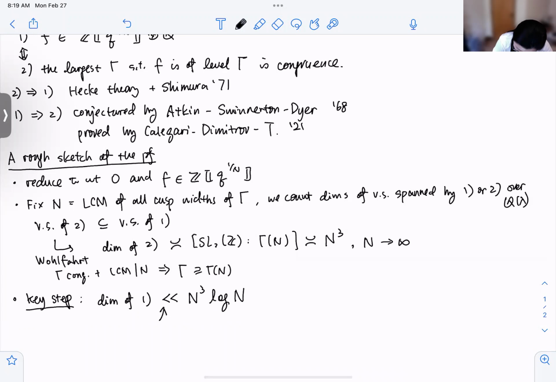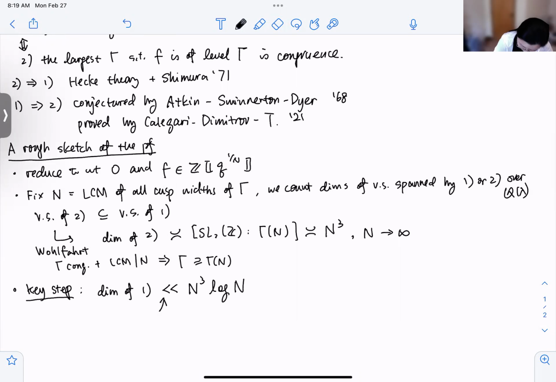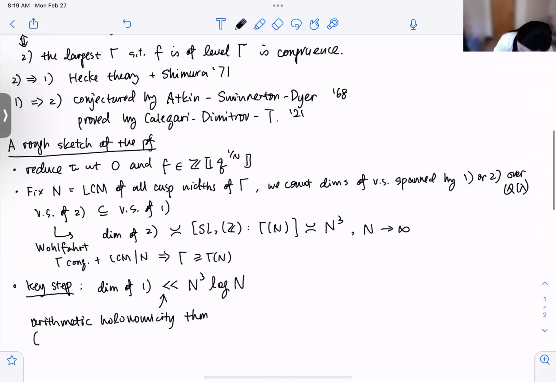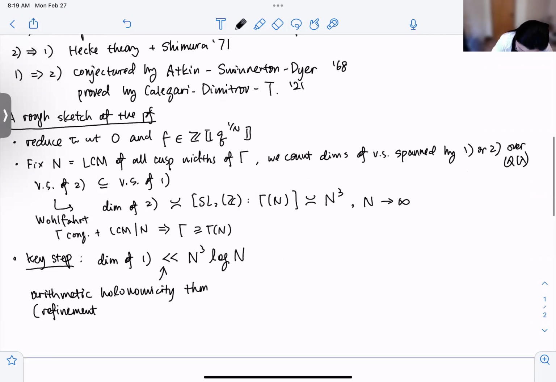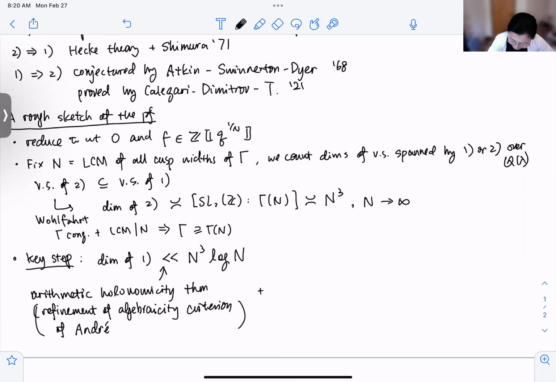The input here is a couple of things. First is the arithmetic holonomicity theorem, which is actually a refinement, I'm going to explain all these in a minute, of the so-called algebraicity criterion of Evgeny, and then plus some complex analysis.